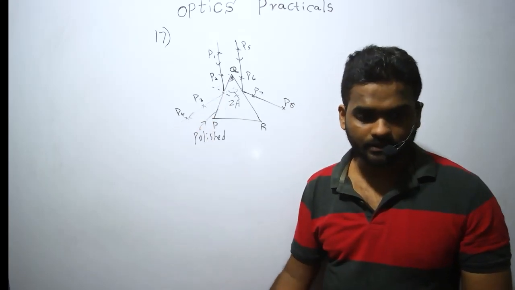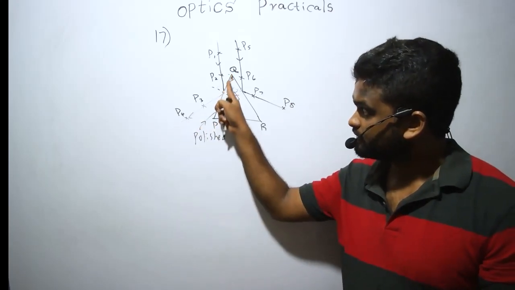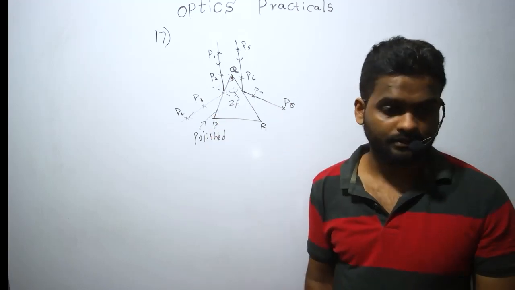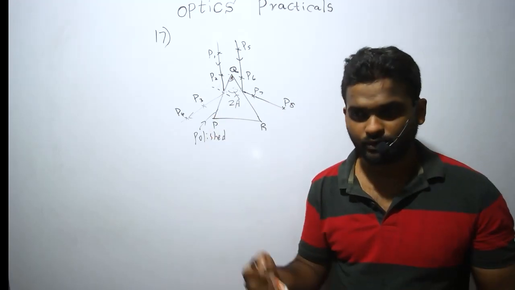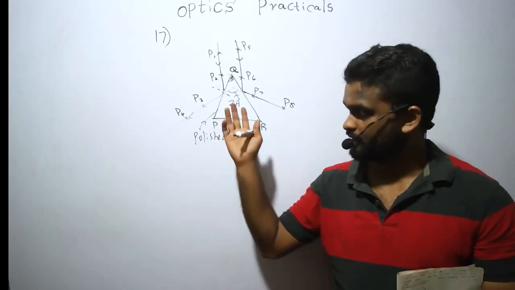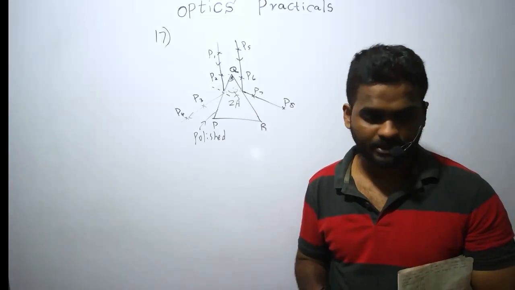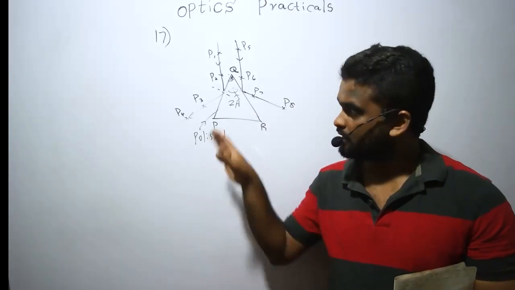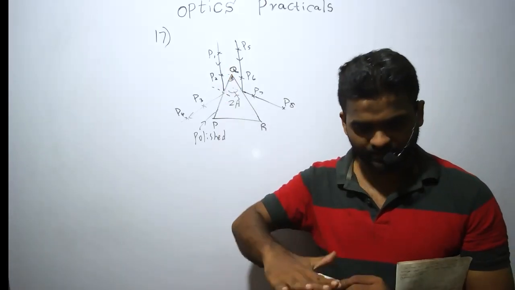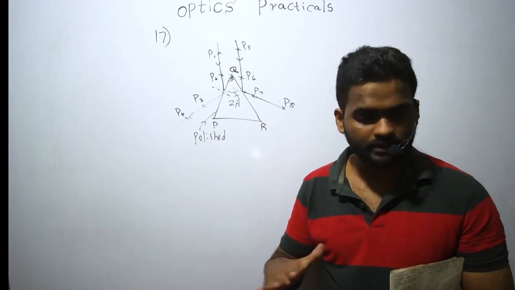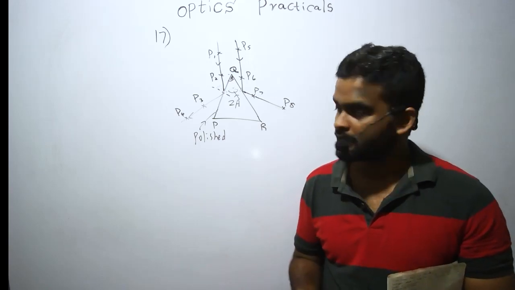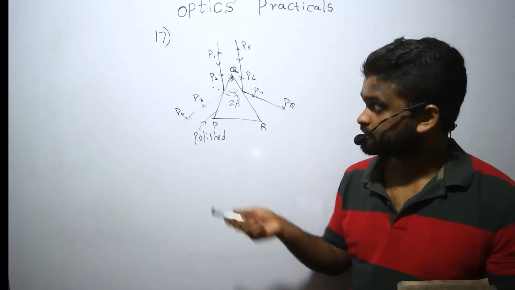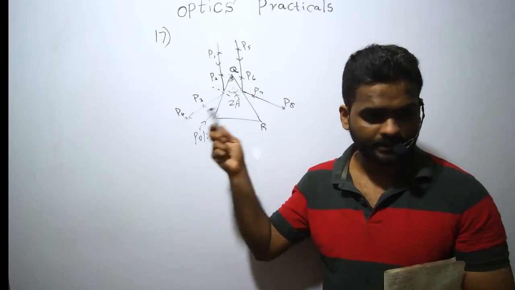So these surfaces should be well polished. You have different prisms when you are doing this experiment, but we are using the same prism. So you have to make sure that it is polished. Polished means you can use a cloth to polish it, right? Both sides. Okay, take it down and thumbs up.